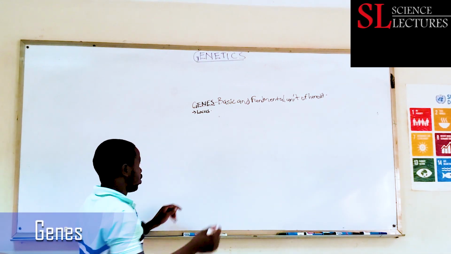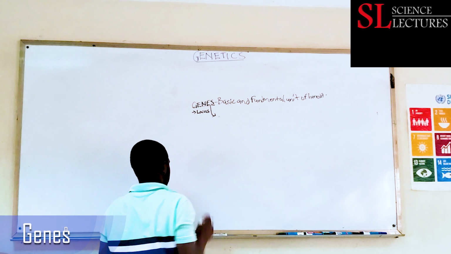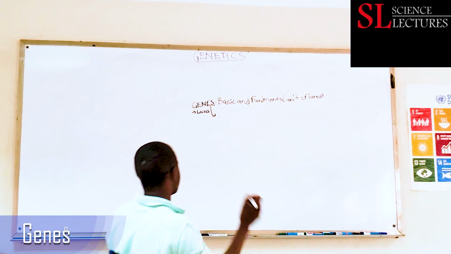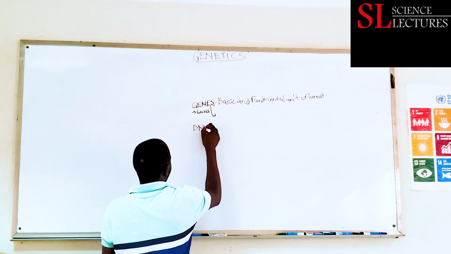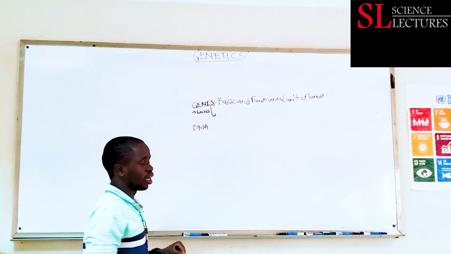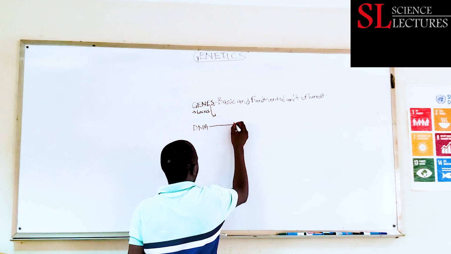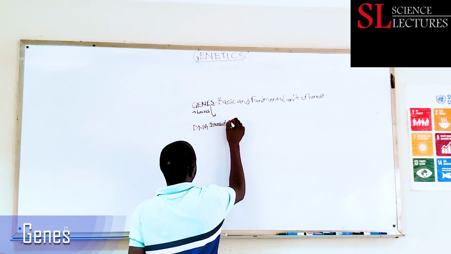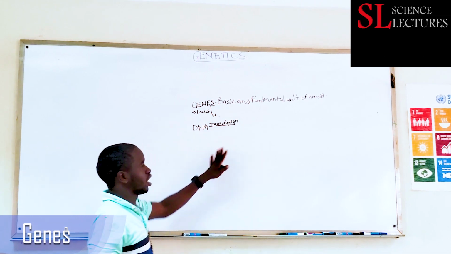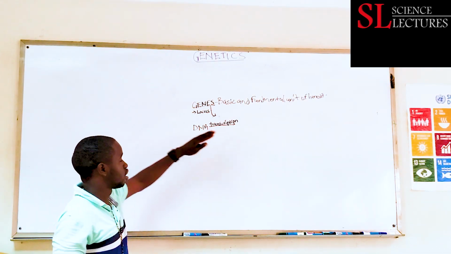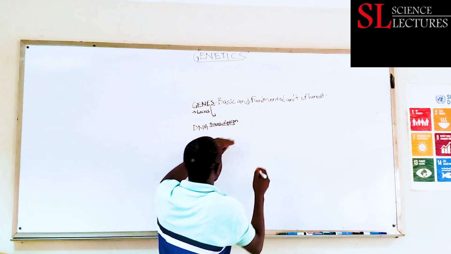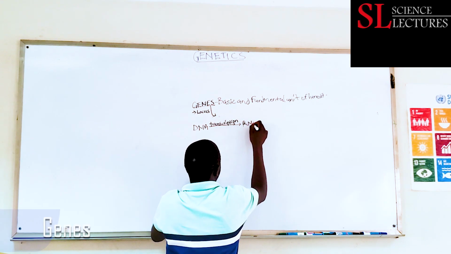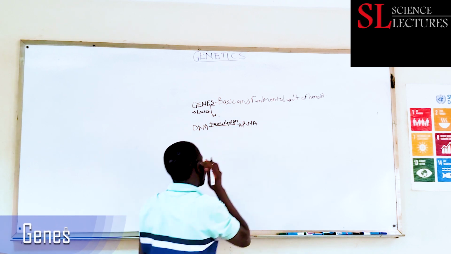How does the gene operate? A gene is located on a chromosome, and a gene is made up of DNA. This DNA shall be read by certain enzymes, a process called transcription, and transcription will end up with RNA, specifically messenger RNA.